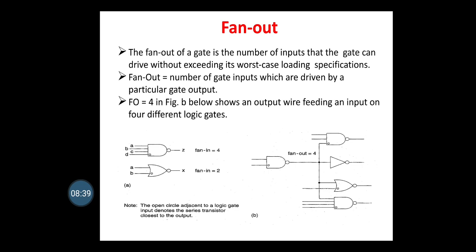It shows an output wiring feeding an input on 4 different logic gates. So the output of the NAND gate in figure B is connected to 4 different gates, that is NAND gate, NOT gate, NOR gate, and again a NAND gate. So the fan out is 4.